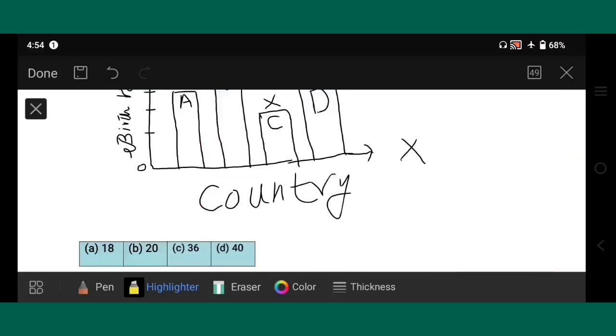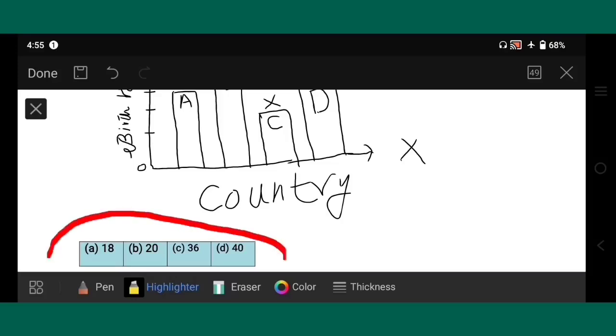Question number 51. The given diagram shows the birth rate per thousand of the population of 4 different countries A, B, C and D over a certain period of years. If the birth rate of country B is twice that of D and x plus y equals 38, then the birth rate of A is, so we are given a chart, and the options are 18, 20, 36 and 40.